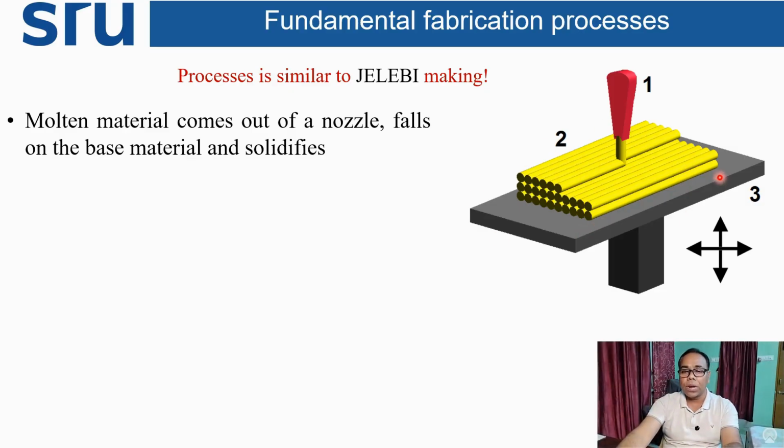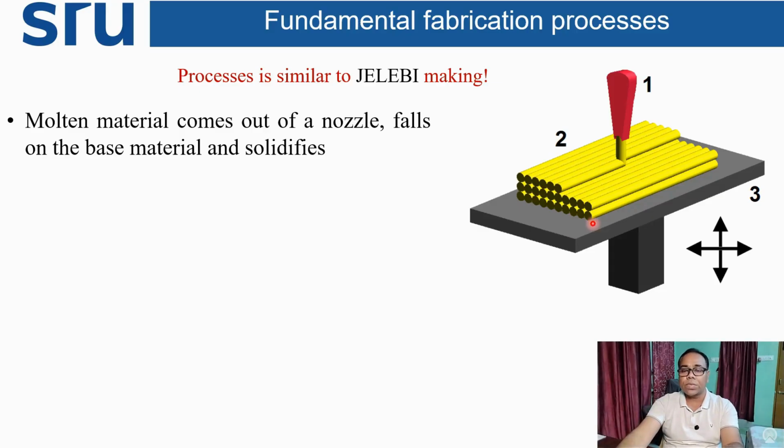Liquid material will come out from the nozzle and fall on the build platform as per each layer profile. I will be discussing those profiles in the process, and how the profile is obtained for each layer.